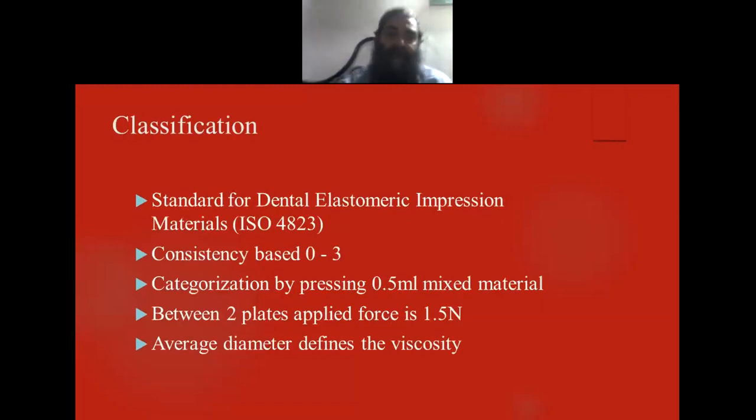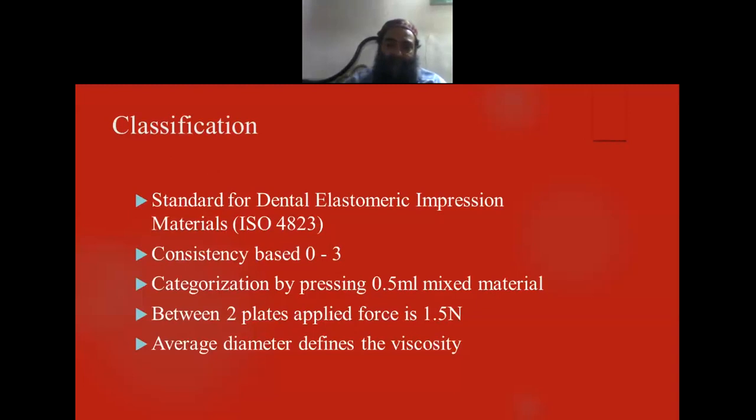Classification: the standard for dental elastomeric impressions according to ISO is 4823. ISO 4823 is the standard for dental elastomeric impression materials. Its consistency is based on four categories starting from 0, then 1, then 2, and then 3.